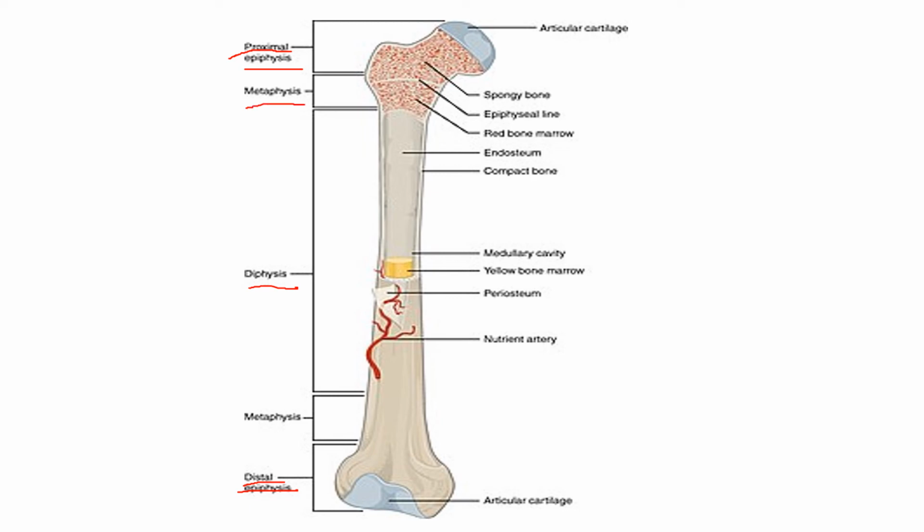Similarly, between distal epiphysis and diaphysis there is again metaphysis. Then we have the articular cartilage. Here also we have the articular cartilage.